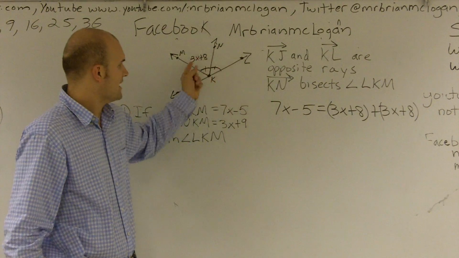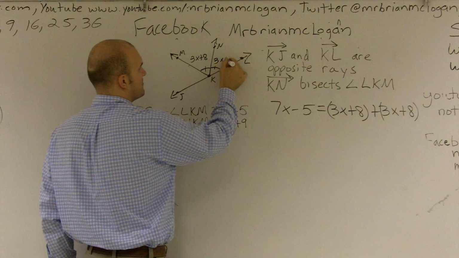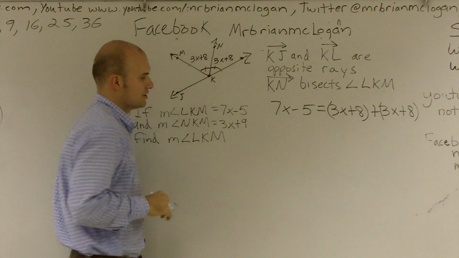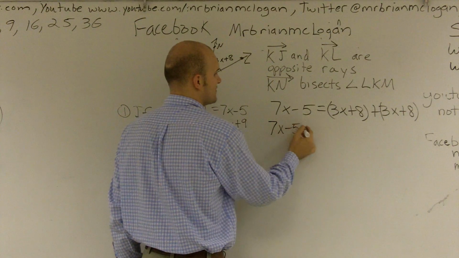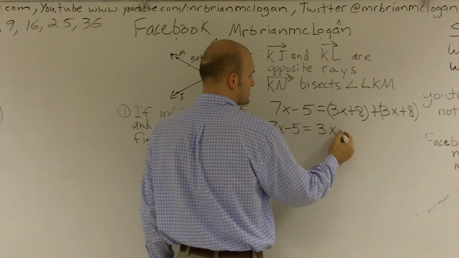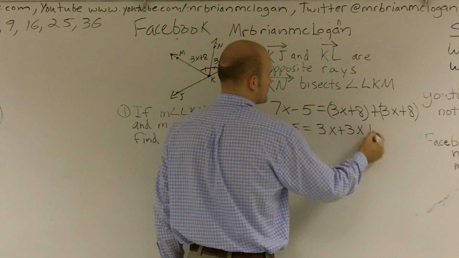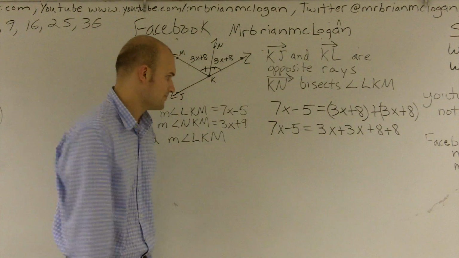So this whole angle equals this plus this. And since they are bisected, they're equal to each other. So now I can do some math. This becomes 7x minus 5 equals, well, I don't really need these parentheses anymore. I'm just going to rearrange it so my variables and my constants are next to each other.